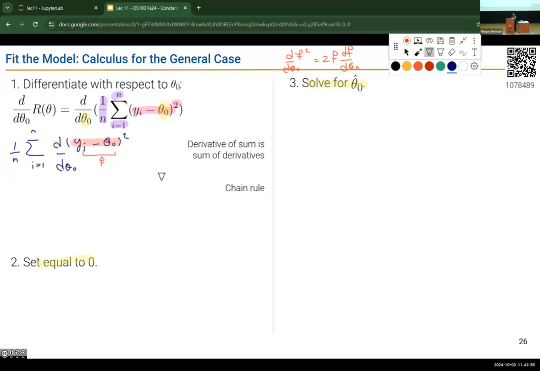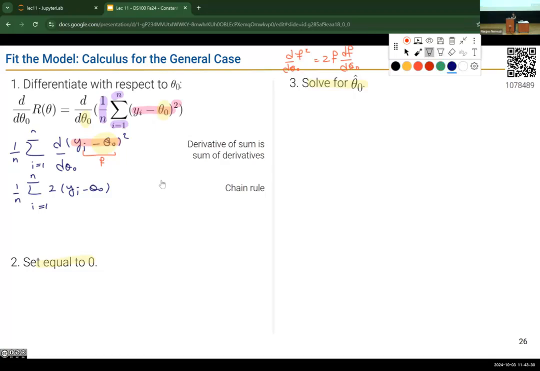So effectively, this is going to be this coefficient that I had, 1 over n times summation of i from 1 up to n of 2 times f. What was f? yi minus theta 0. And what is the derivative of f with respect to theta 0? It is -1, because the only term that I have here is theta 0, that I would take the derivative of that is non-zero, and the derivative of negative theta 0 with respect to theta 0 is just that coefficient of -1.